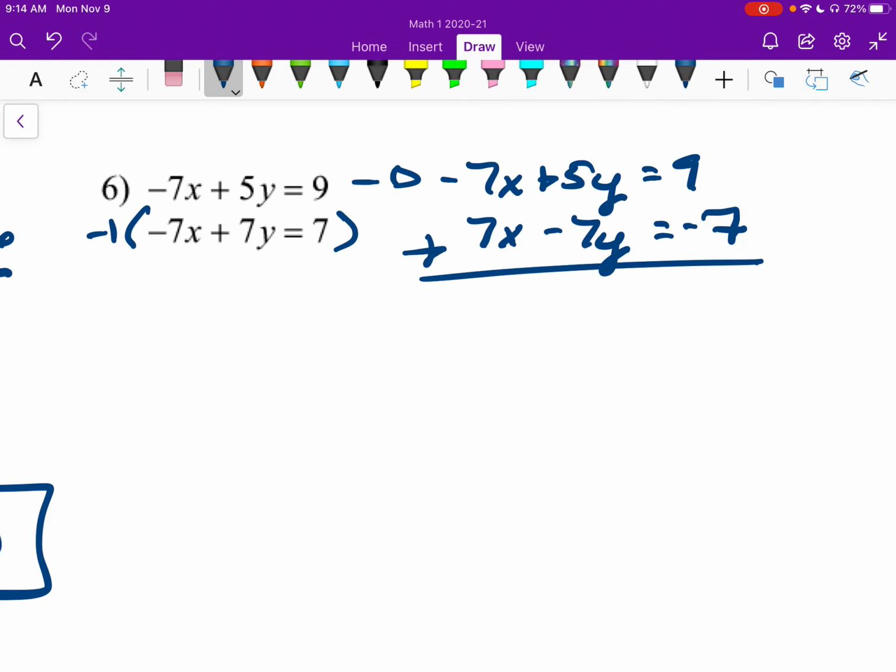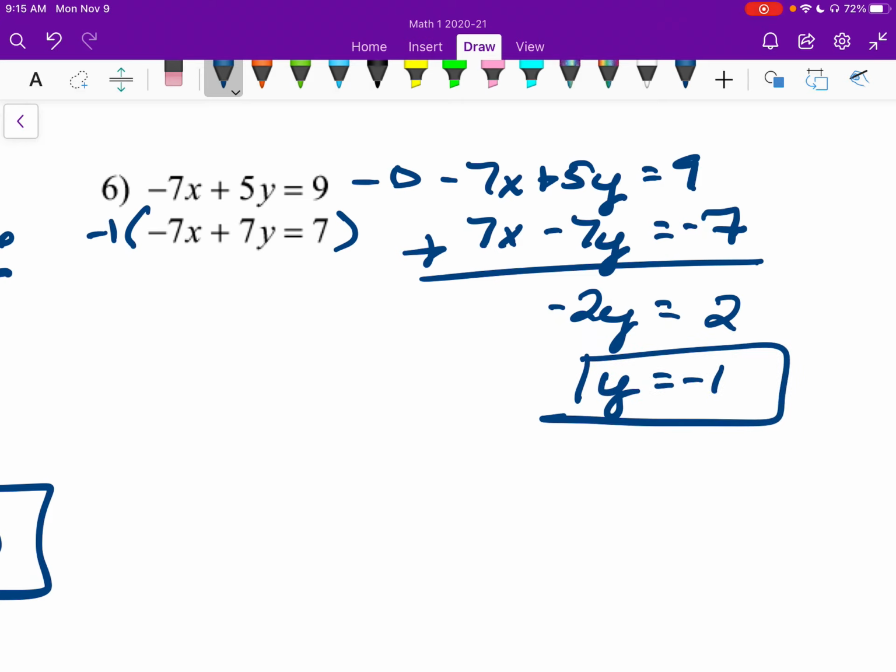I'm able to add those together. That gives me 0x. I'm just not going to write it down. Negative 2y equals positive 2. So y is going to be negative 1. I plug it into one of them. Let's plug it into the bottom one again. The bottom one will turn into negative 7x plus 7 times negative 1 equals 7.